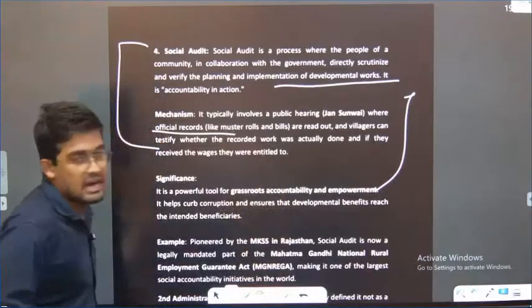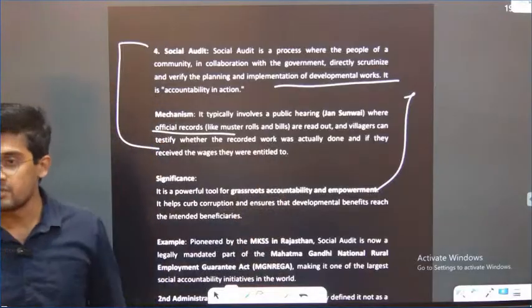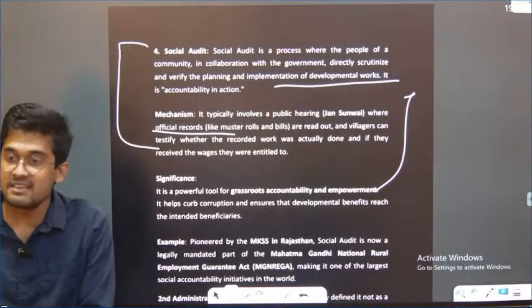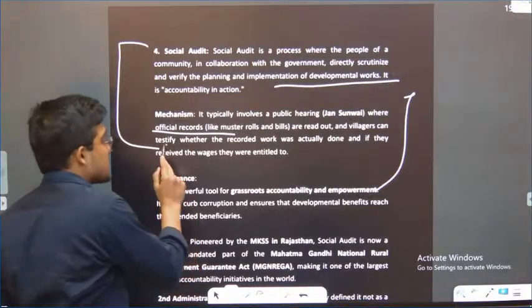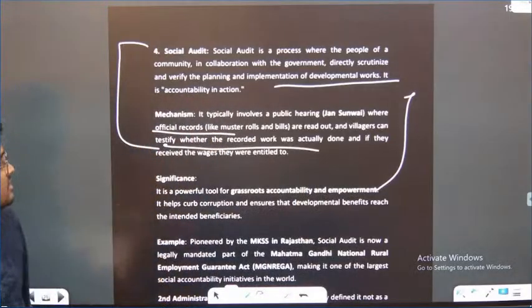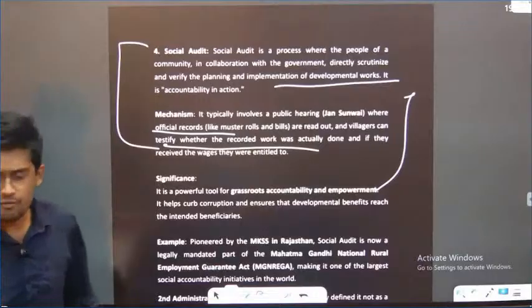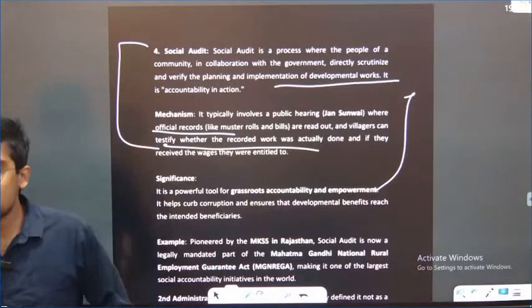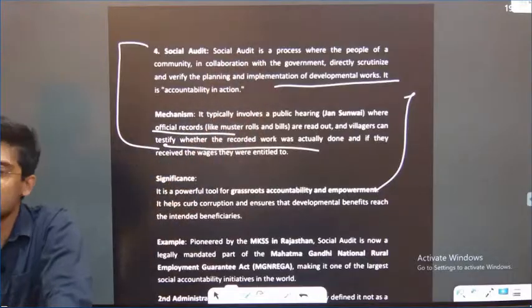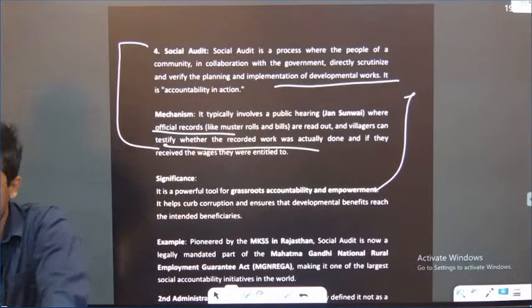Official records are read out to people, to villagers. Jan Sunwai means people are there and a hearing is happening. Villagers can testify whether the recorded work was actually done or if they received the wages they are entitled to. For example, MGNREGA says that this much work is done and this much wages is paid to people.